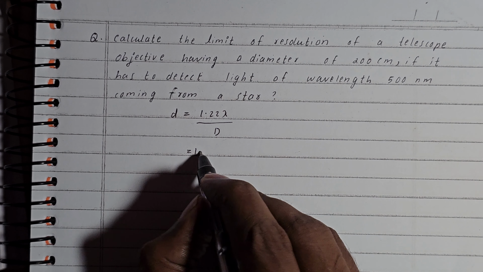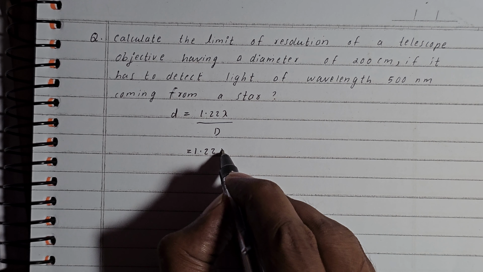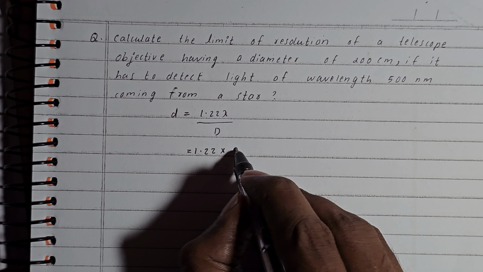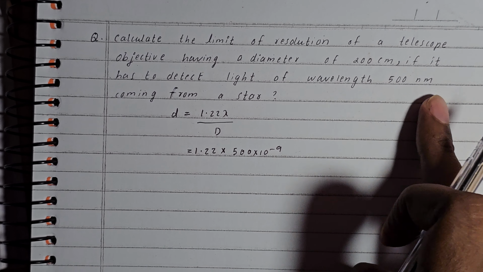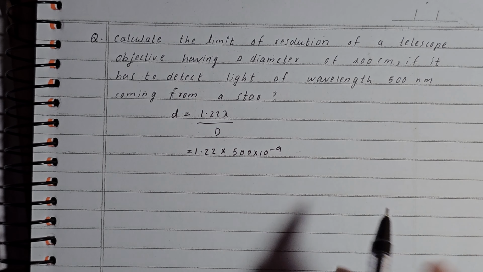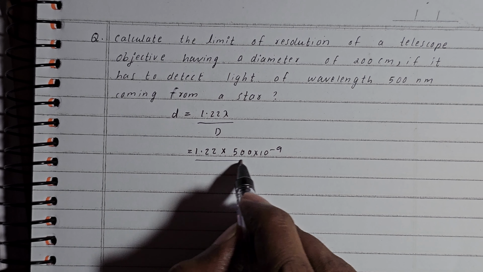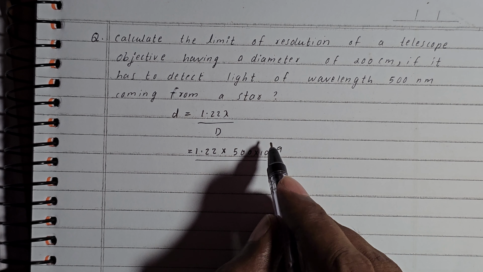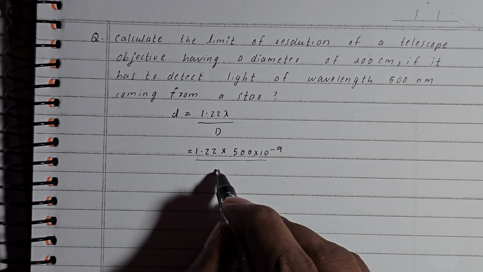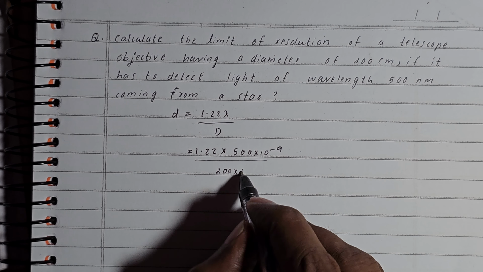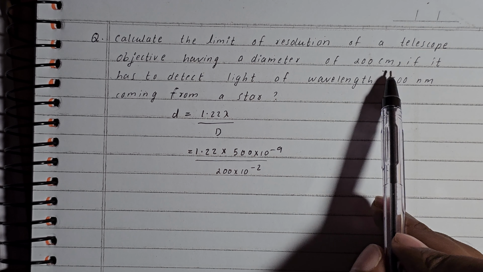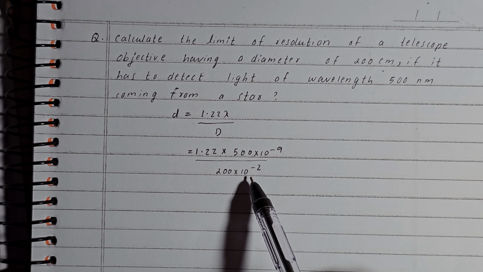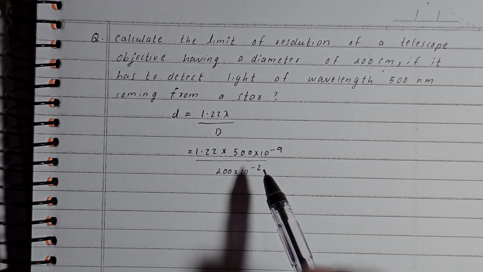Substituting the values, 1.22 times 500 times 10 to the power minus 9, since 1 nanometer is 10 to the power minus 9 meter, upon 200 times 10 to the power minus 2, converting centimeter to meter.